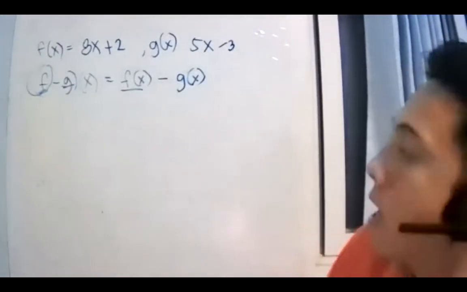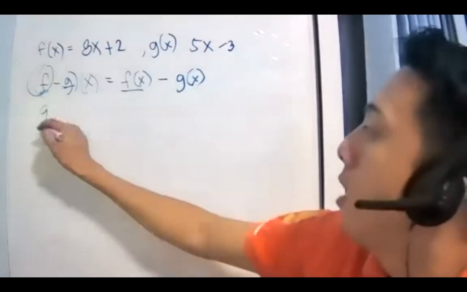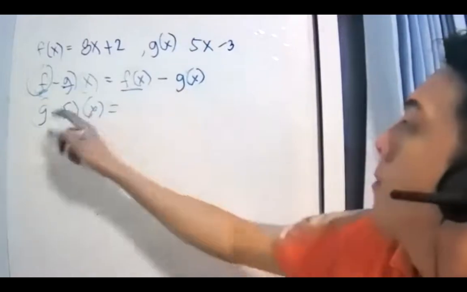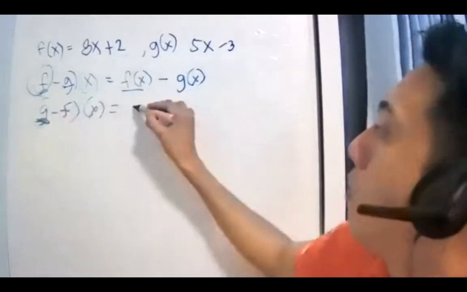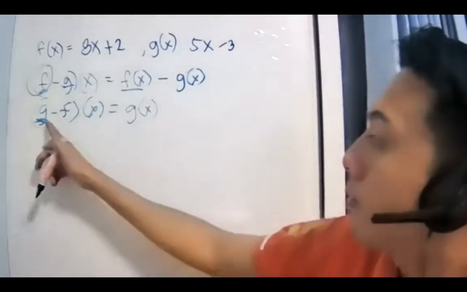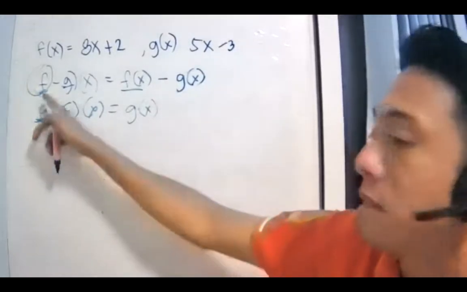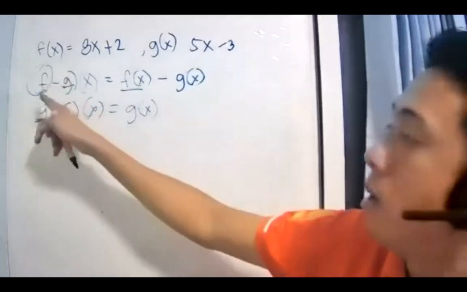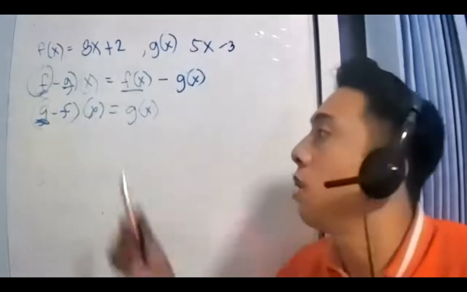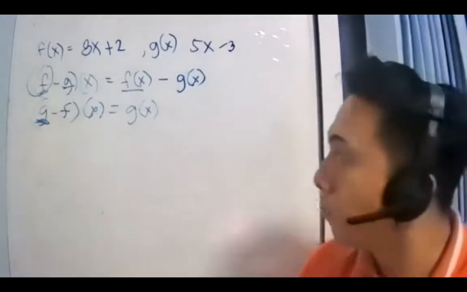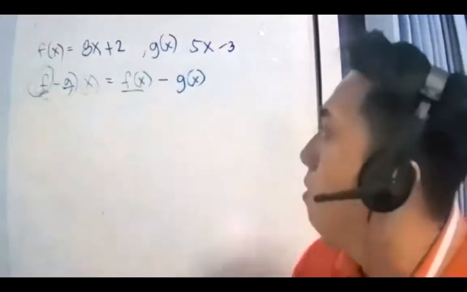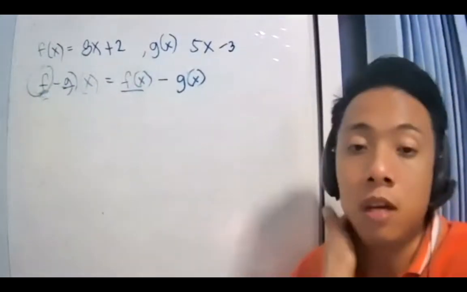Kapag ginawa ko siyang g minus f of x, mauuna naman si g of x. Got it? It depends on the letter. Since we already wrote f minus g, nauna yung f natin.